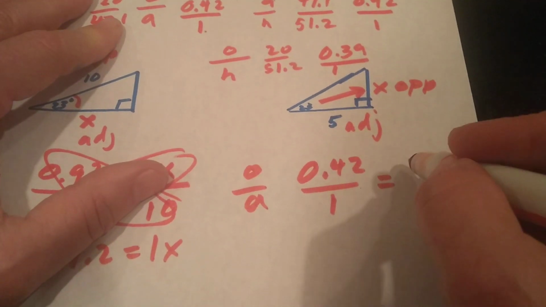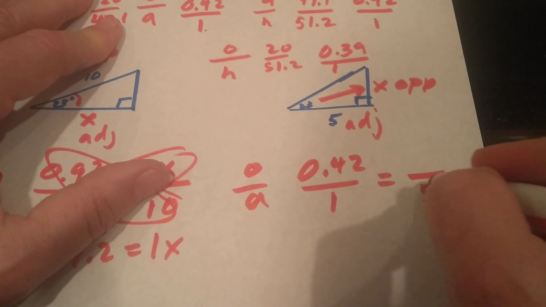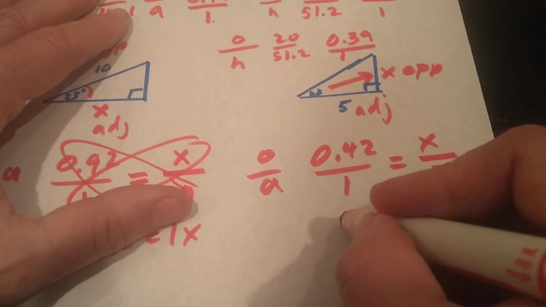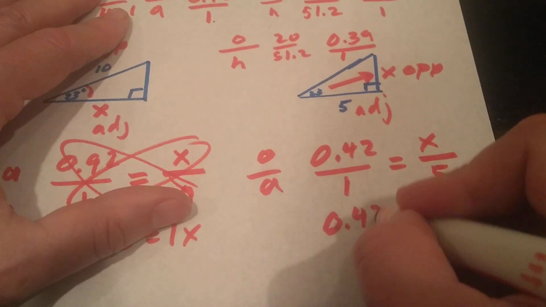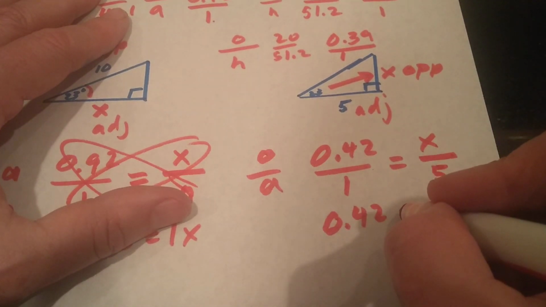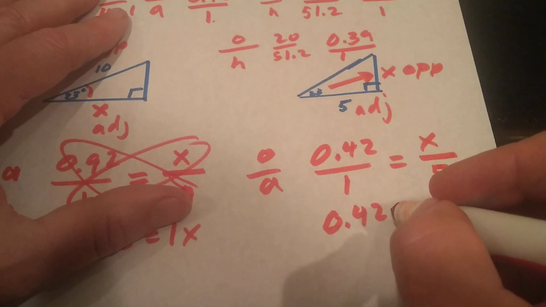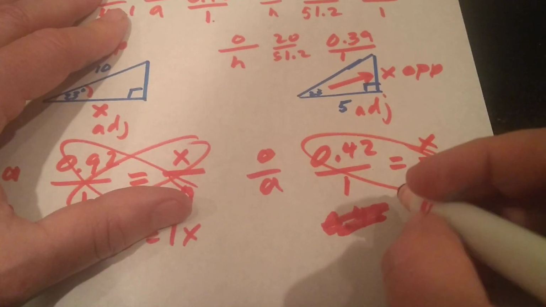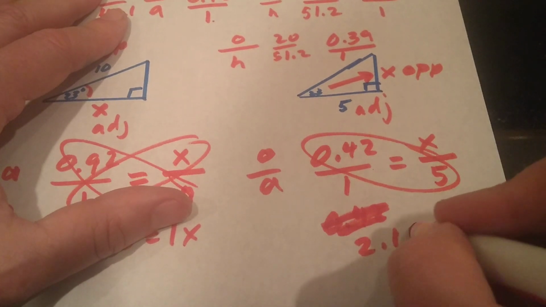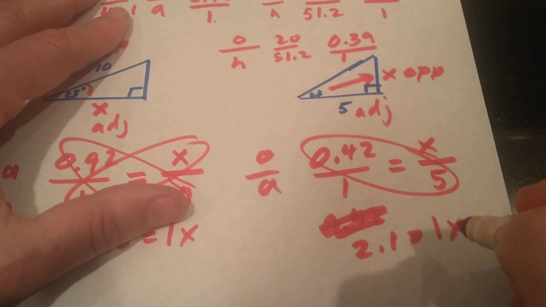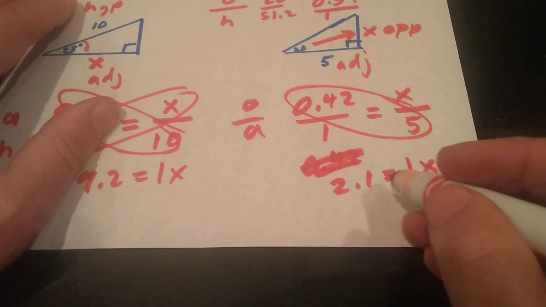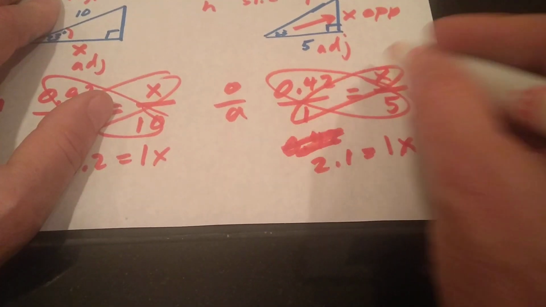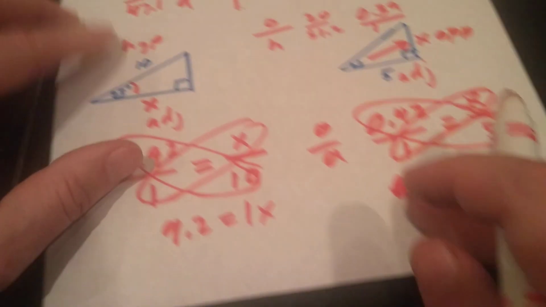And then in this particular problem, my adjacent is 5, and I do not know my opposite. So I'm going to cross multiply and solve. And I get 0.42 times 5. I think I did this already. 0.42 times 5 is 2.1, and then 1x. And notice these came out as 1x. In some cases, we might end up with a number over there, which we had to divide, but it's all stuff you've done before.